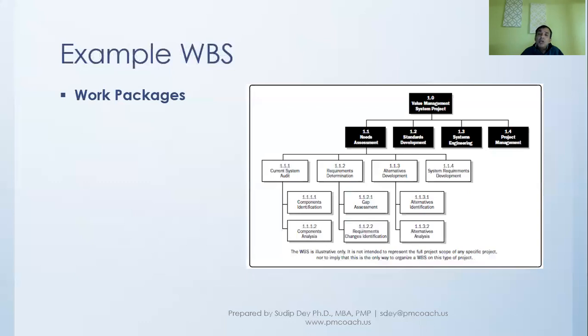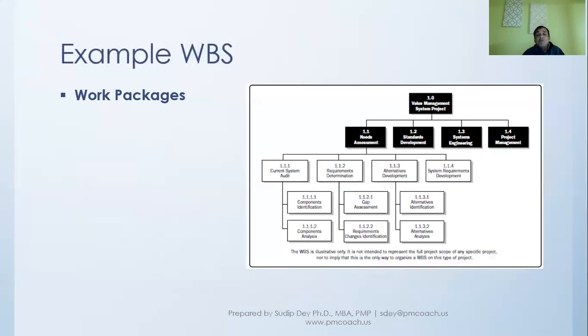And this particular deliverable, needs assessment 1.1, we have broken down. First one level, for example current system audit, requirements determination, and so on. And then that level has gone down another level, which is component identification, component analysis.